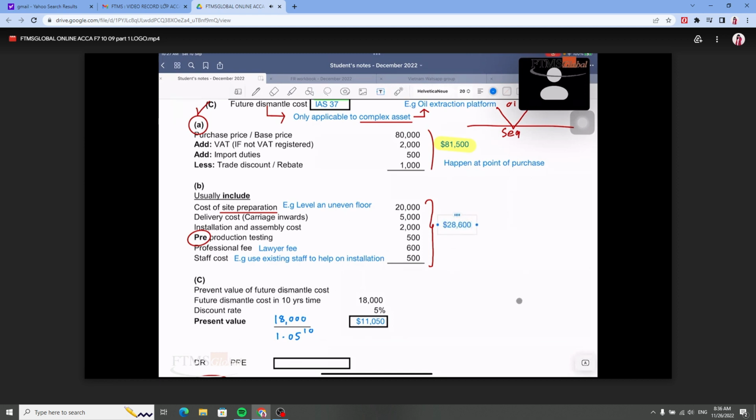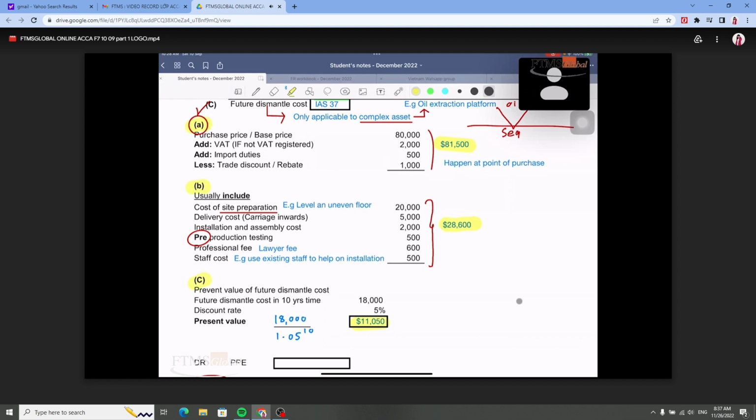Then C is this 11,050. So this is B and this is C. If I want to debit PPE, very simple, I just need to add A, B, and C. That will be the amount I can debit to PPE.